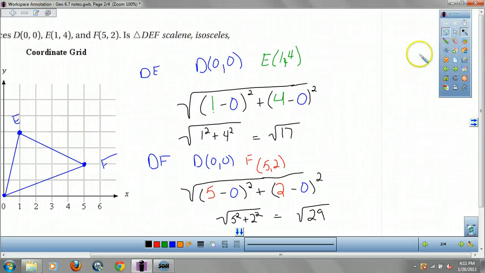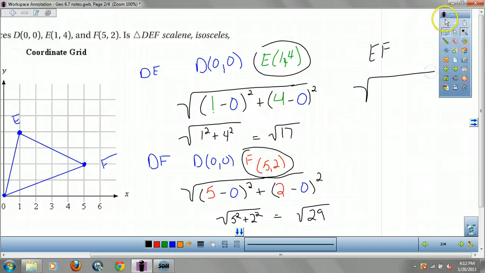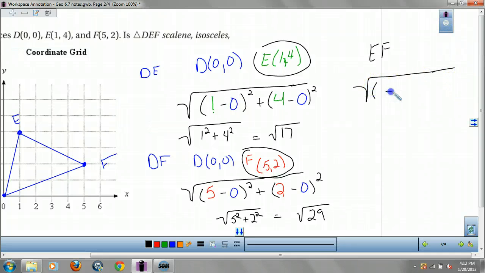We've got one more thing to find: EF. We know what E is and we know what F is, so I'm going to set up my equation. I'm going to have F go first, so I plug in my coordinates: 5 minus 1 squared plus 2 minus 4 squared.